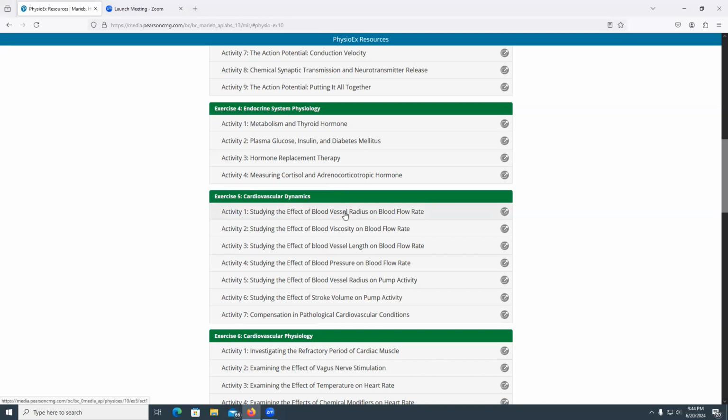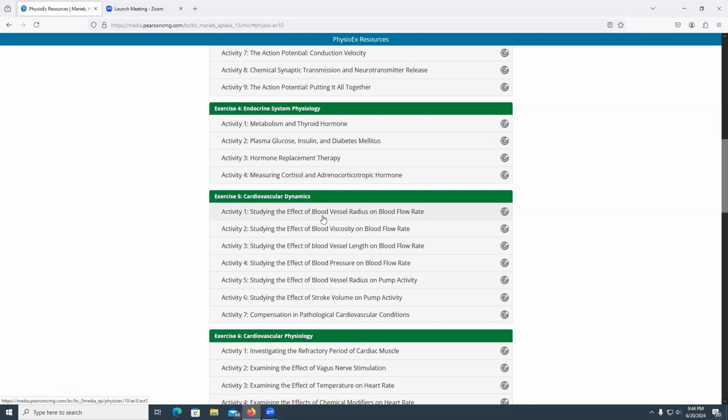Is that an independent variable or is it a dependent variable? We said that the dependent variable is what we are measuring, what we are studying. Who is dependent on who? Is the blood vessel radius dependent on the blood flow rate, or is the blood flow rate dependent on the blood vessel radius? So the blood flow rate is the one that is dependent on the blood vessel radius.